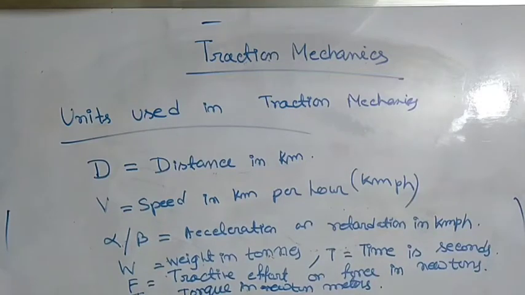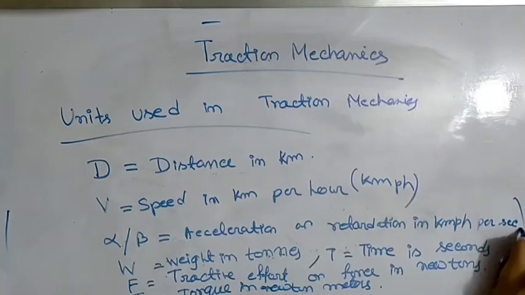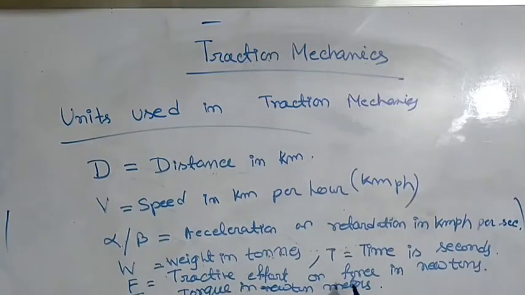So these are the units used in traction mechanics. Distance in kilometers, speed in kilometer per hour, acceleration or deceleration in kilometer per hour per second, weight in ton, time in second, tractive effort in Newton and torque in Newton meter.